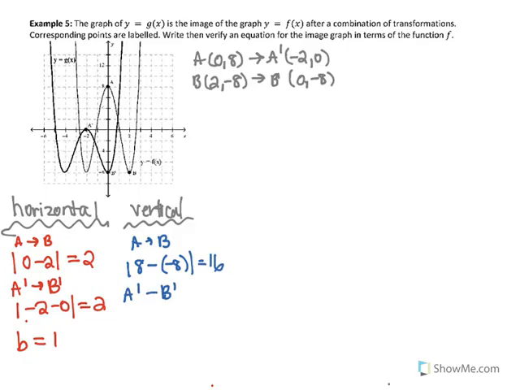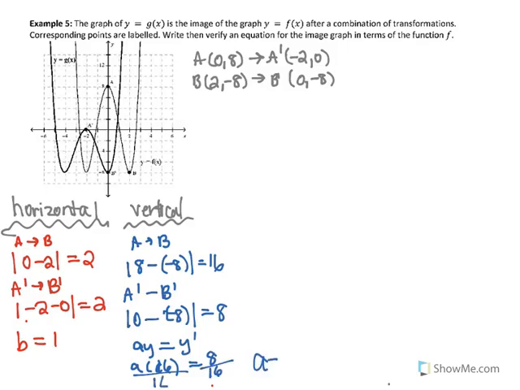We're going to go A prime to B prime, which is 0 minus negative 8, which is 8. So we have A times y equals y prime. It begins as a 16, and it becomes an 8. So it's changing by a half. So A is equal to 0.5.